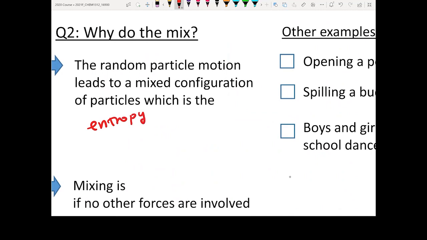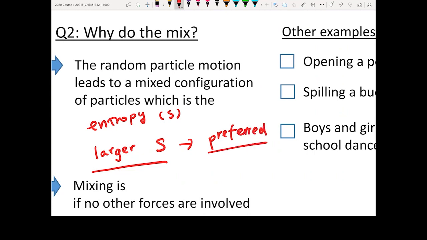And then we know the larger entropy, typically you will see this S, is preferred. That means it's going to happen spontaneously.